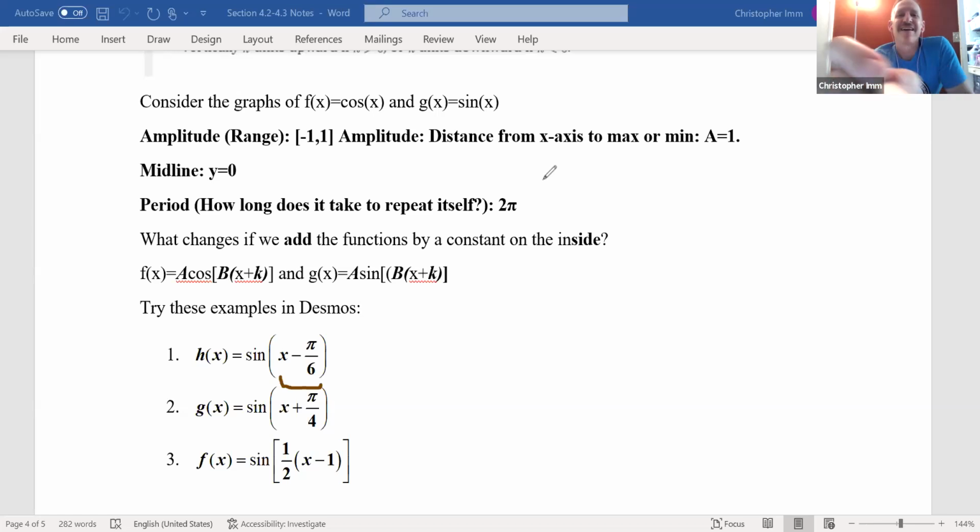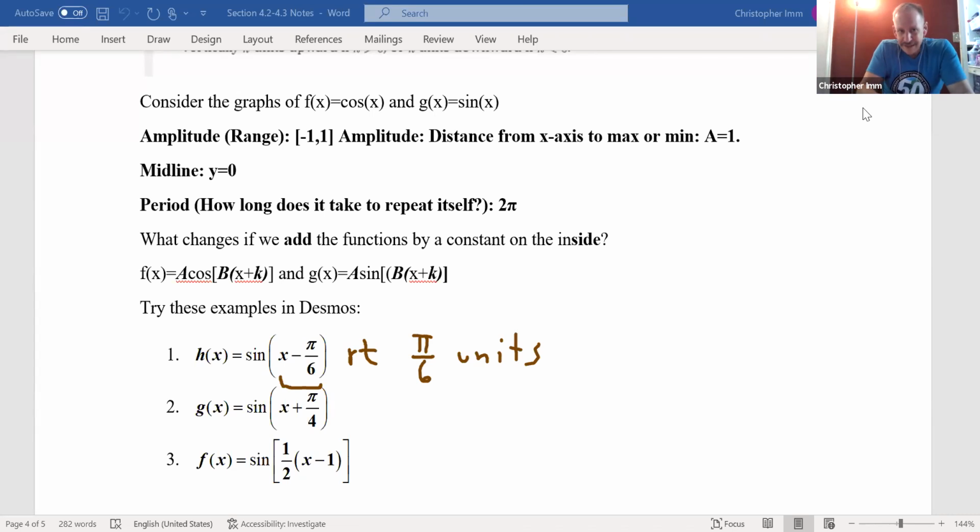So it does seem like it would move to the left, but inside changes are counterintuitive. So this is actually going to move it to the right, pi over 6 units. But how do you sort of make that work in your brain? This is the way that I do it. So I think of 0.